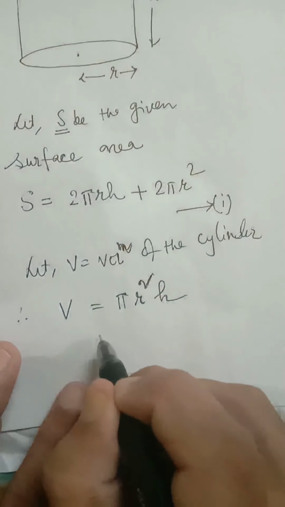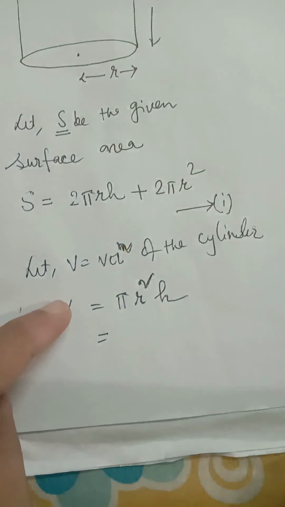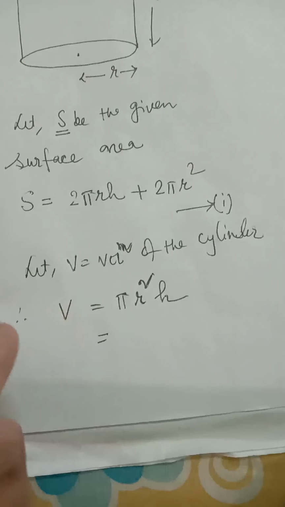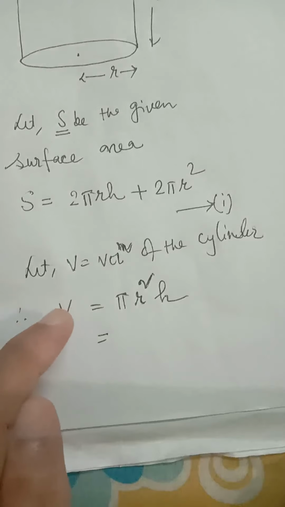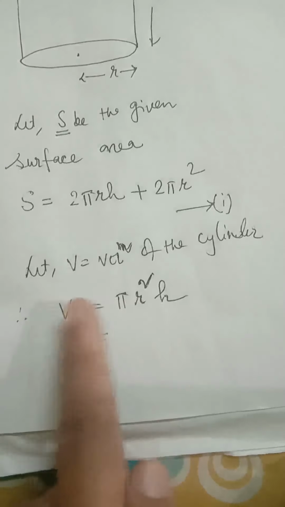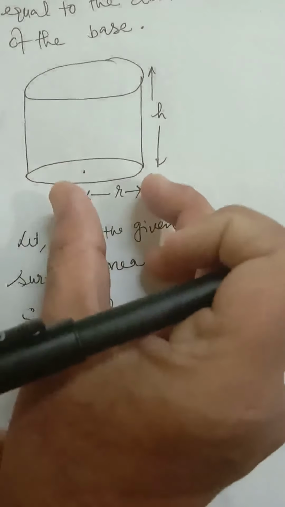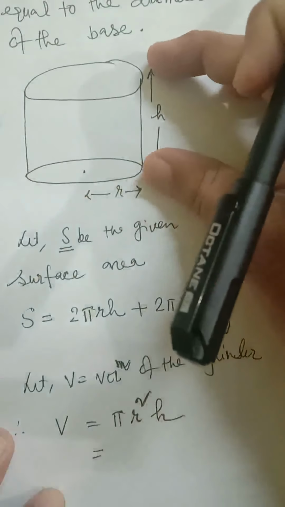Now first of all, to find the maximum value, we differentiate V. But before differentiation, we have to express volume in terms of one variable. You can see here we have considered r as the radius of the base, h as the height.